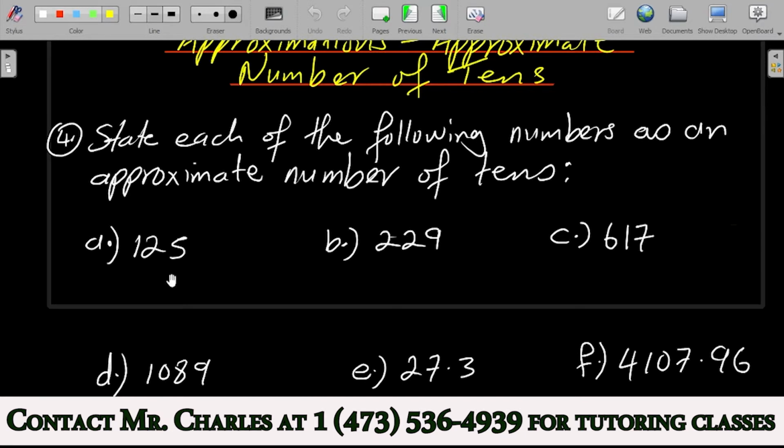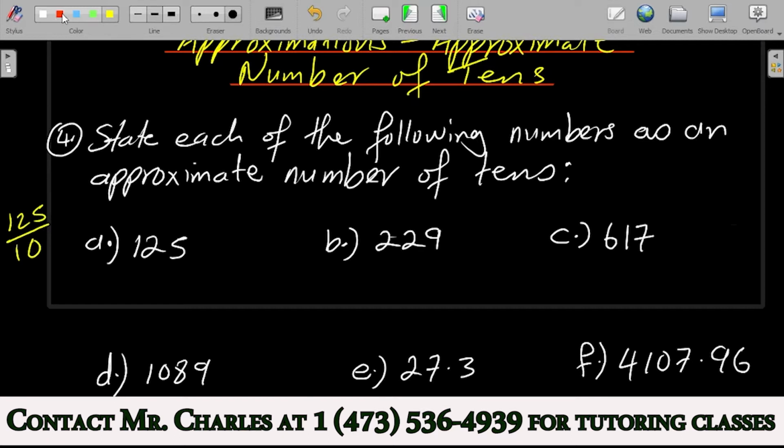What does that mean? That means that we want to know how many tens are there in 125, or approximately how many tens are there in 125. Now, if you want to know the exact number of tens in 125, all you have to do is divide 125 by 10. Okay?